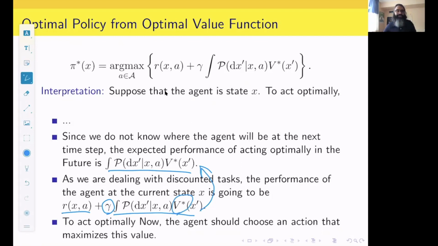So what is the choice that the agent has to make? The choice is what action to choose. And we want to find a value function that is as large as possible. So the agent searches over all the possible actions and finds the one that maximizes this, which is again exactly what we have on the top of the slide. So this is an interpretation of what is happening.